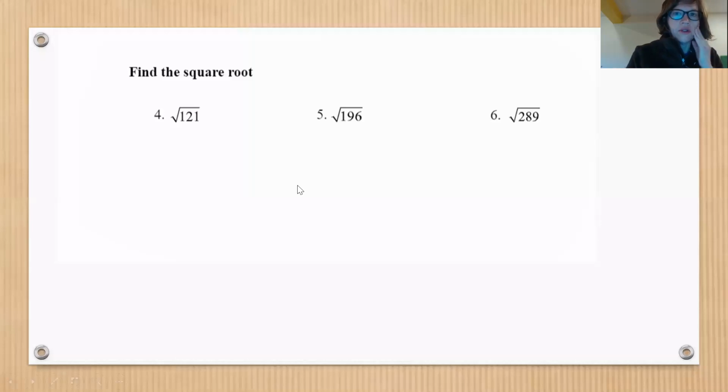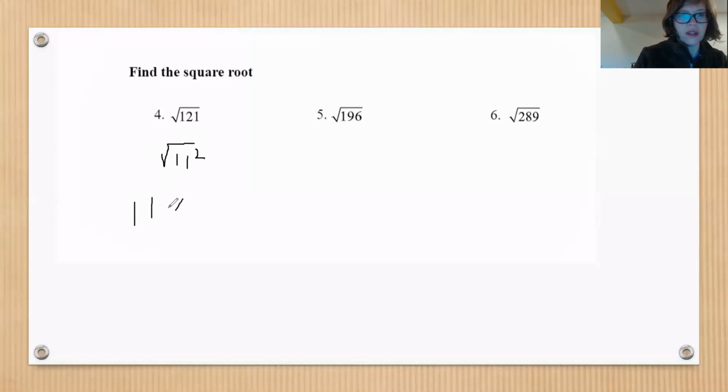All right, let's do a few more practice problems. Find the square root of 121, okay? If you need to use a calculator, you can, but if you know your multiplication facts, then you can think of this in terms of, well, I know that 11 squared gives me 121, right?